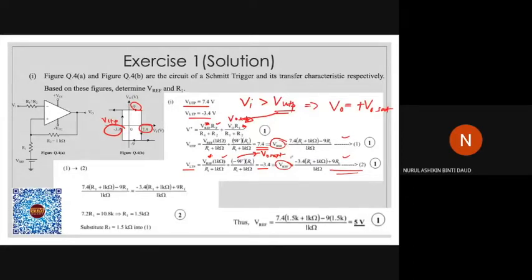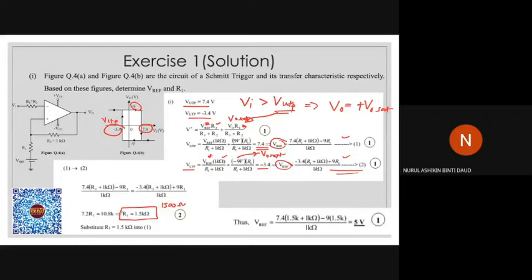Since both equations have the same value of V reference, you can substitute 1 into 2, and rearrange the equation, and you can find the final R1 value is 1.5 kilo ohm, or 1,500 ohm.